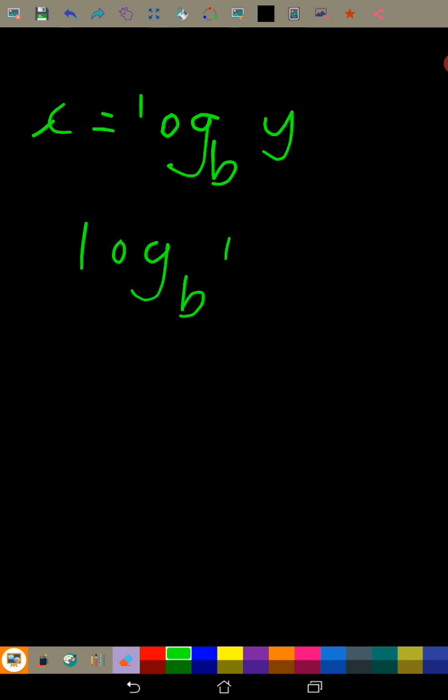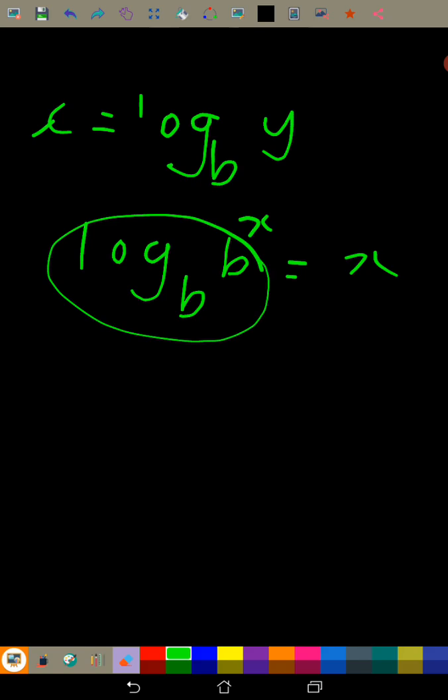There is also another exercise. We have x is equal to log base b. So we can rewrite this easily. We can say log base b of b to the x is equal to x. So what do we need to find here?